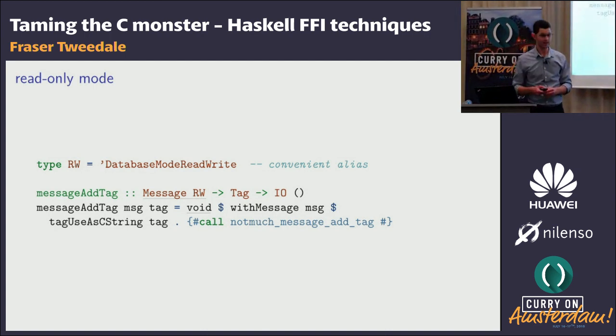And in some cases, such as message add tag, this actually allows us to completely remove the error conditions from the API. So we can statically rule out now that this function can actually fail in any way, so we just return an I/O unit, making the API a bit nicer.